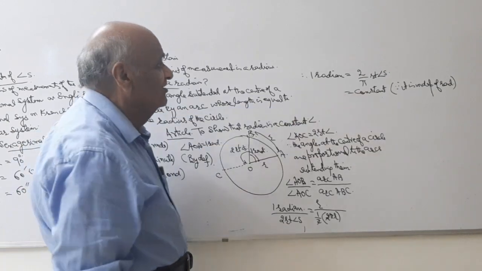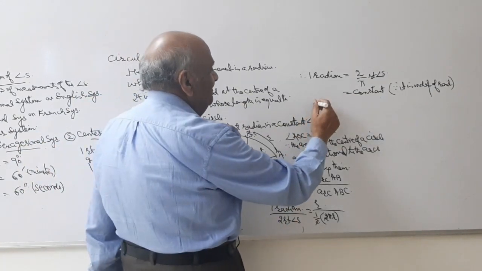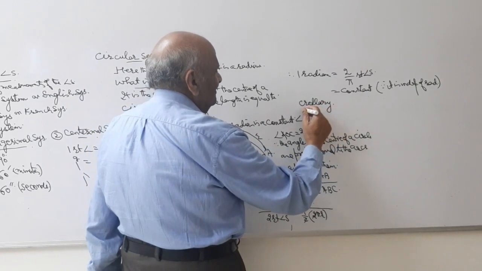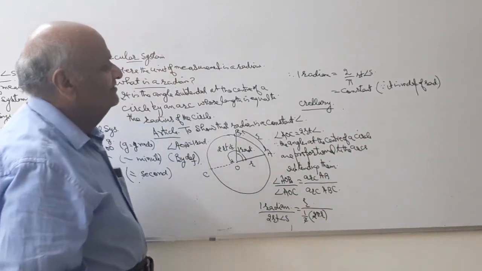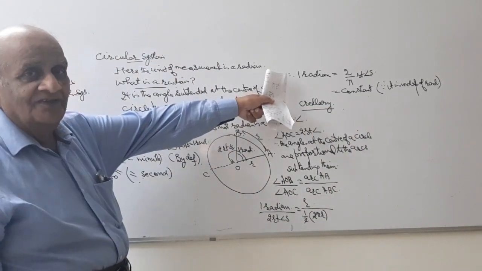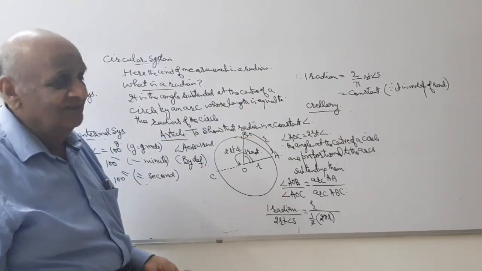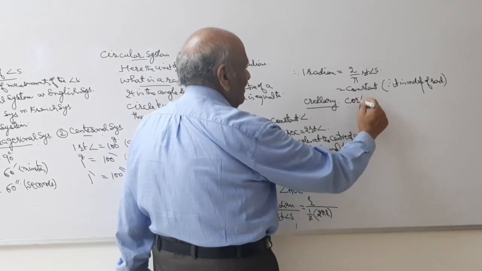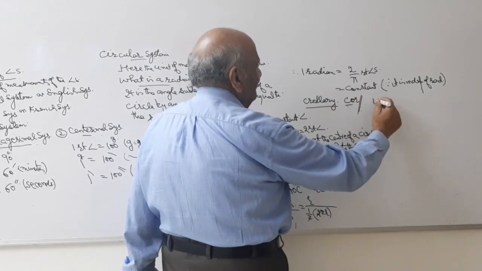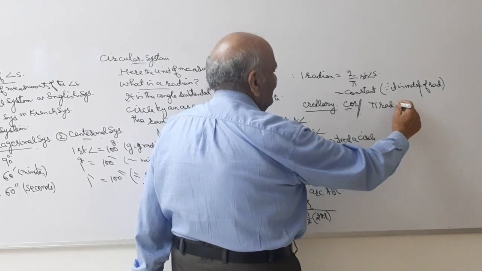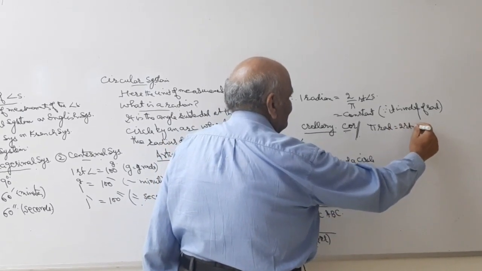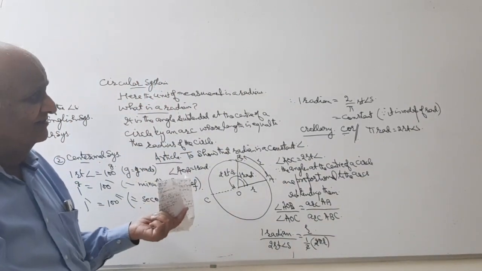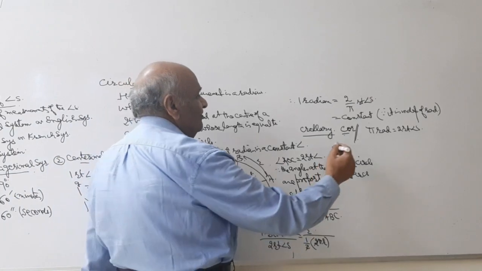Here we get what is called in trigonometry a corollary, that is the result we draw from the standard one. 1 radian is 2 upon pi right angles, and therefore this is a corollary, written in short as COR. Pi radians is equal to 2 right angles. This is corollary number 1.